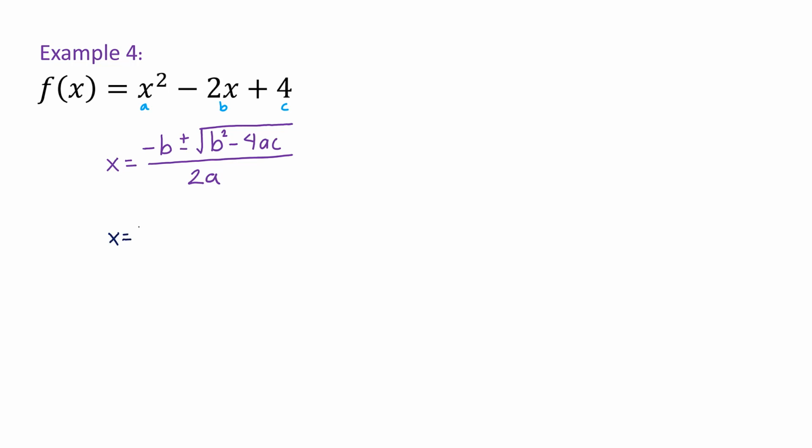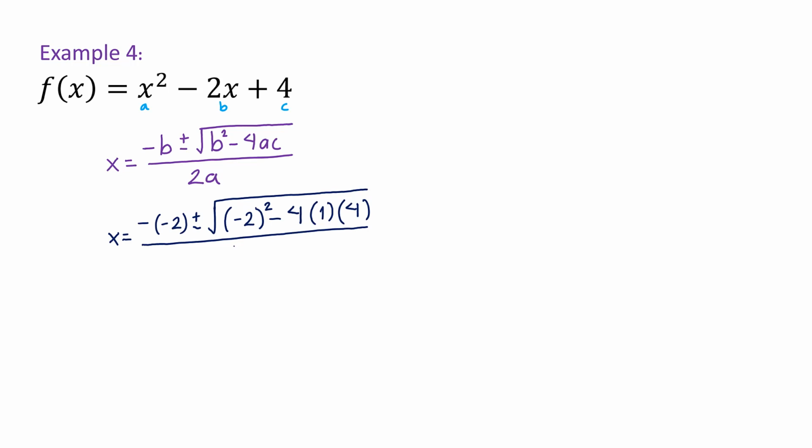X equals minus b, which is minus 2, plus minus the square root of b, which is minus 2 squared, minus 4 times a, 1, times c, 4. All of this is inside the square root, and all of this over 2 times a, 1. Let's solve.